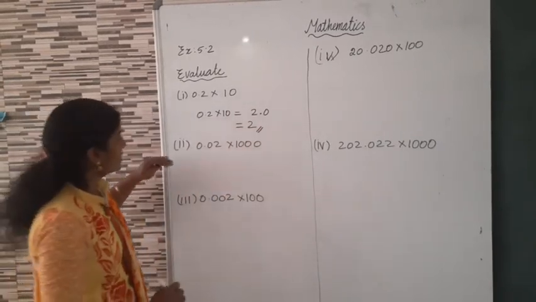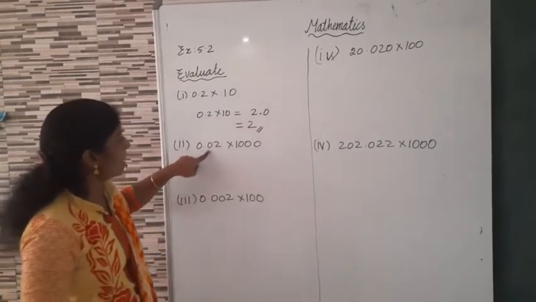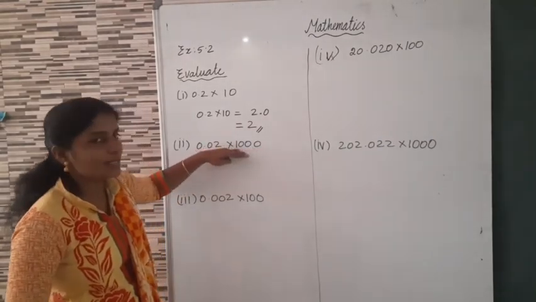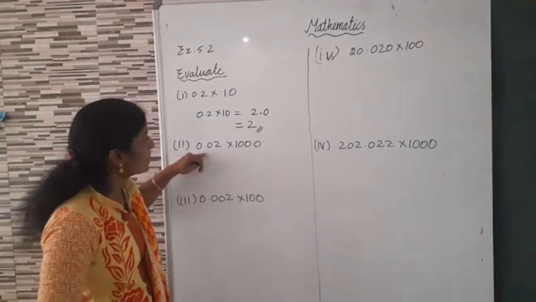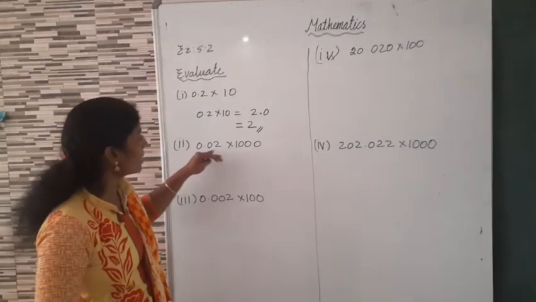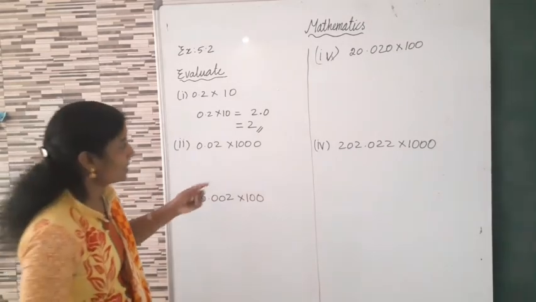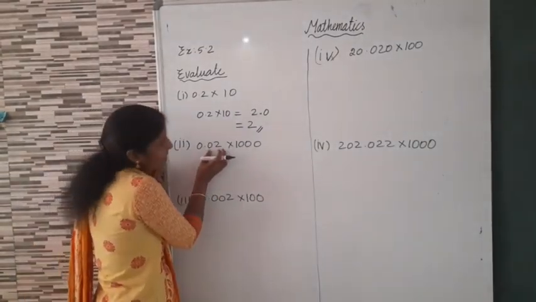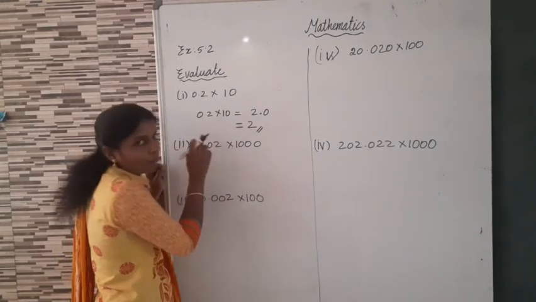Okay. Now the second one, 0.02 into 1000. Multiply by 1000 means the decimal point shifts to the right by how many places? 3 places. We have only 2 places, so we can add one more 0 here.